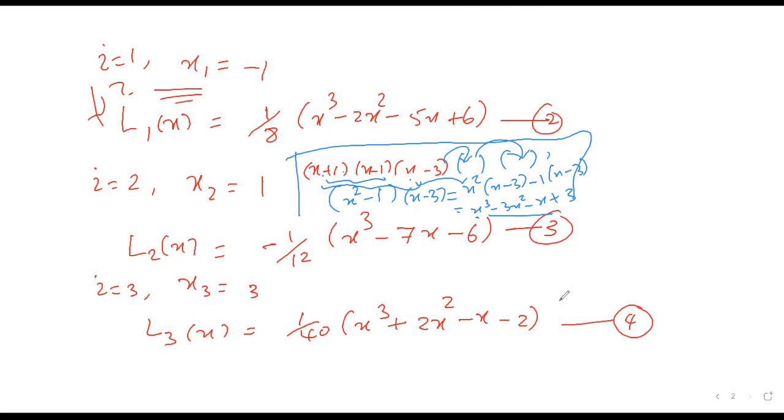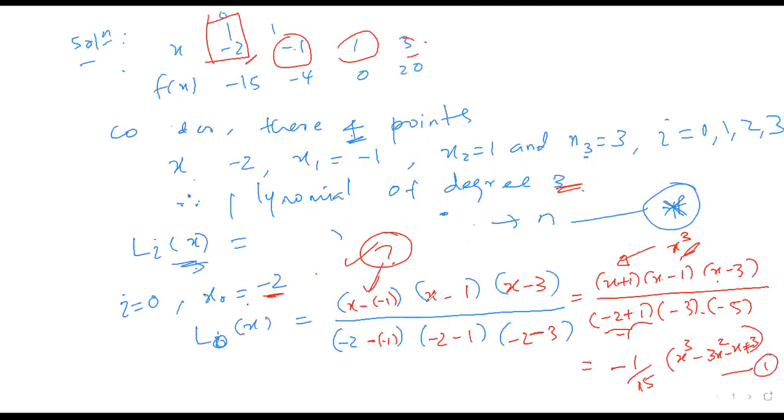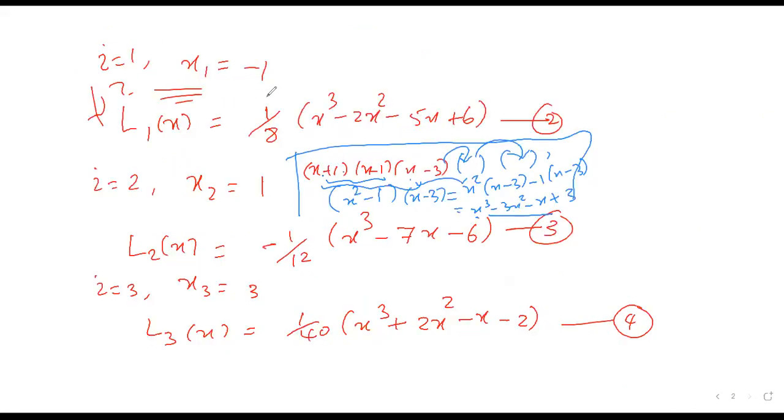Those are the answers. Is this correct or not? Just substitute whatever we got in this way. If it is L1, x minus, in this case, you have to put the next value. For example, for the second one, I need to omit this one, but I need to take all the other values. For example, I need to put x minus 2.